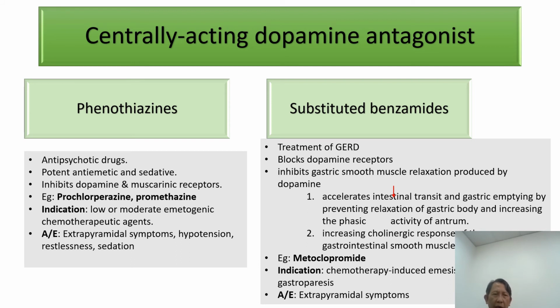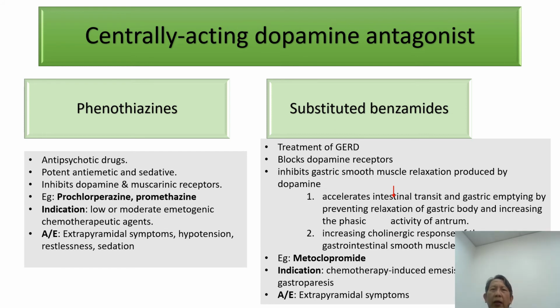It acts by blocking dopamine receptors in the CTZ and also the muscarinic receptors. This drug is effective against low or moderately emetogenic chemotherapy agents. The adverse effects, such as extrapyramidal symptoms, limit the usage of these drugs as antiemetics.